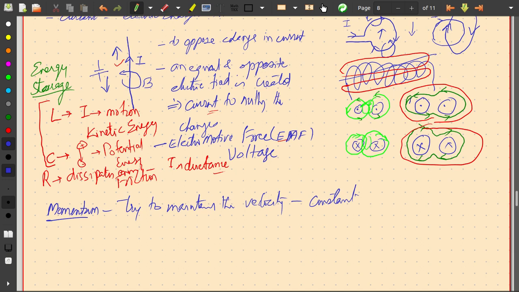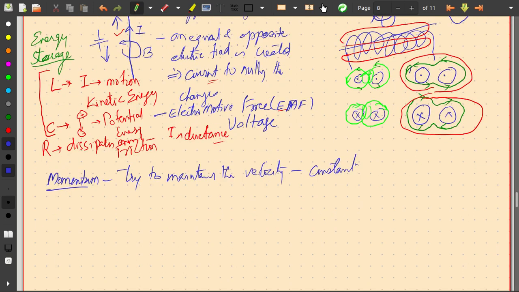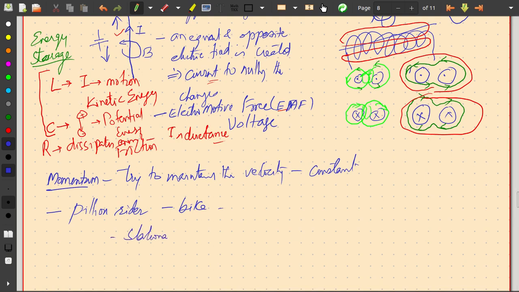A simple example I can give now is for a pillion rider who is riding on a bike. So when the bike is stationary, the pillion rider is also stationary.